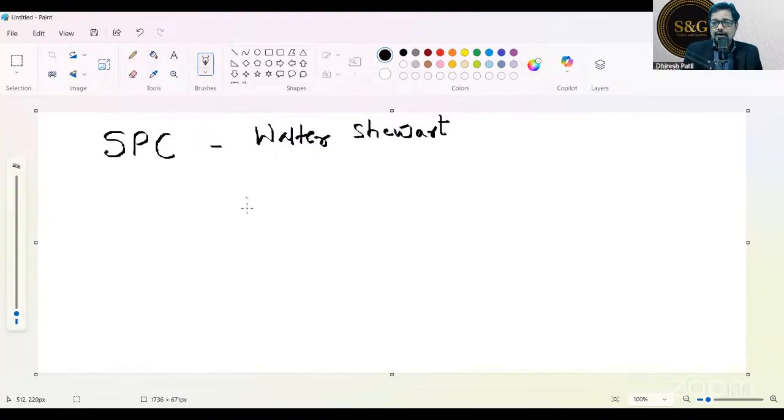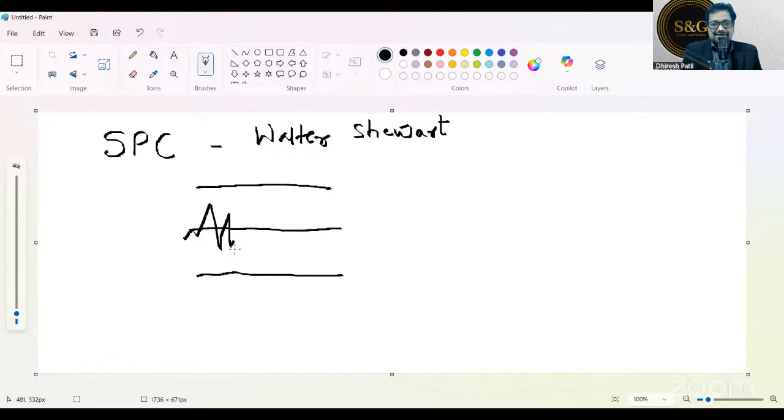They agreed upon his formula: any process which runs within +3 and -3 standard deviation. So let's say this is the process, and this is the average of the process, X bar.